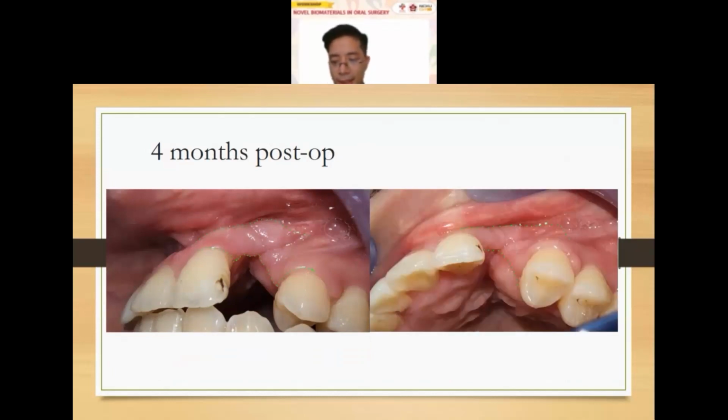You can see the keratinized gingiva is thick enough for bone graft in the alveolar cleft 6 months later.